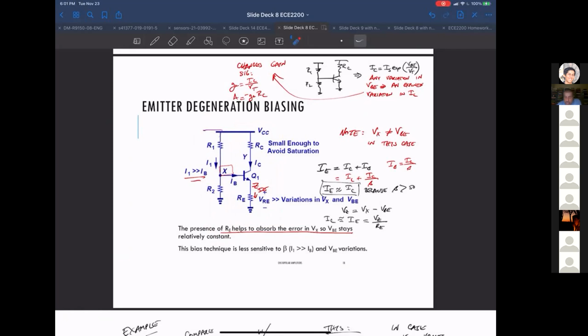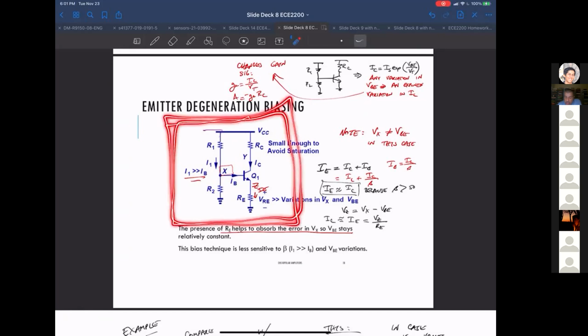And then lastly, it also changes the input impedance, makes it higher, which is also a good thing, as we remember. A high input impedance is good for an amplifier. So this approach is my favorite personally.